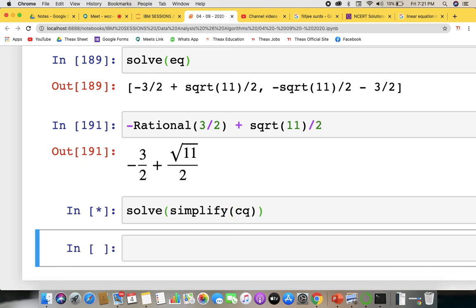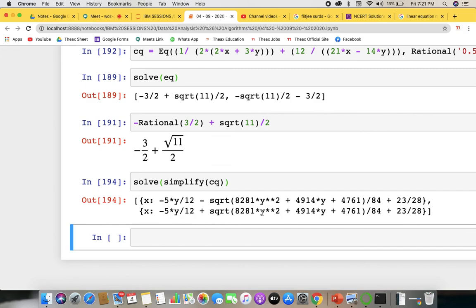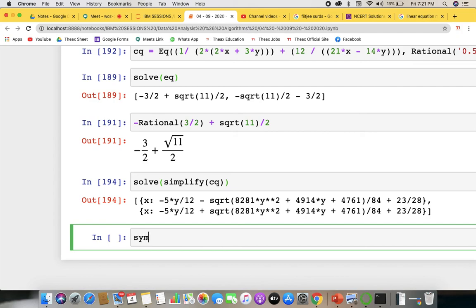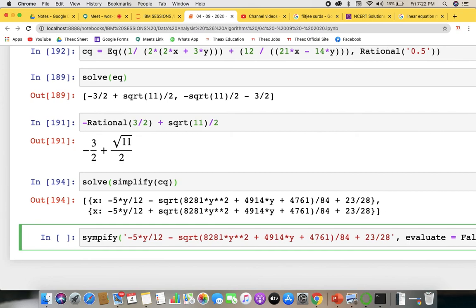There are actually x and y. So with x, the result will be like this, right? Quite a big thing, a rational number. So keeping it simplified, let's say this is one of the results. So if this is one value for x, we write simplify of this particular value.